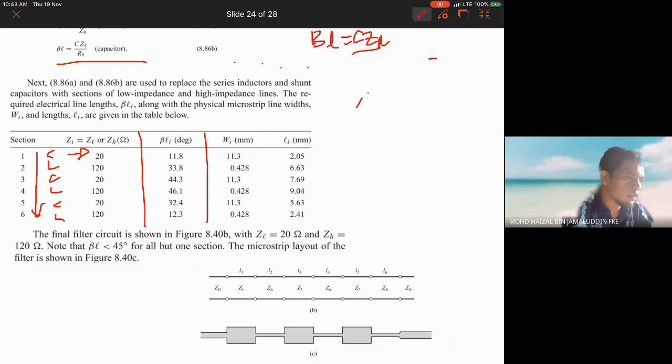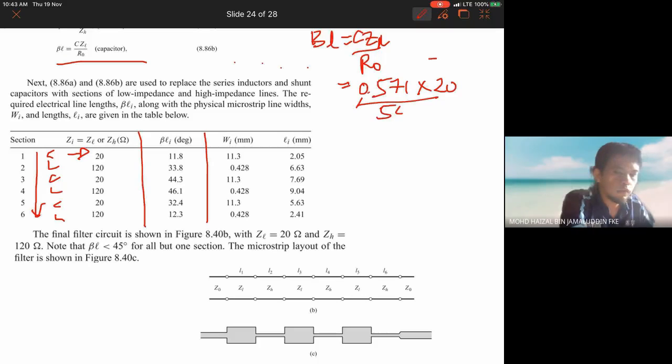And for the first value, C is 0.571 times Z_n, and this time we are using the low 20 ohm, over R0, which is the 50 ohm. And here you will get a value.